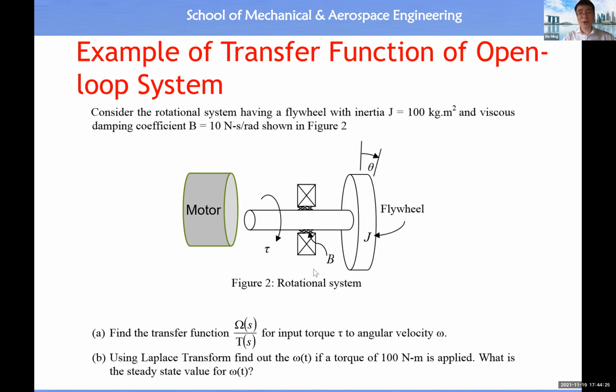This question asks you to establish the transfer function. Assume the motor drives the wheel of a mobile base, because the output in this case is angular velocity, omega. This corresponds to the situation where you drive your mobile base and the wheel keeps running.